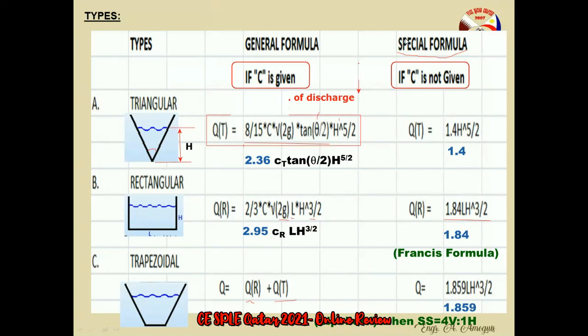Pag sinasabing suppressed weir, yung weir na ito ay parehas sa width of channel. But sometimes, ito lang yung length ng weir. So yung sinasabing L, it should be corrected.